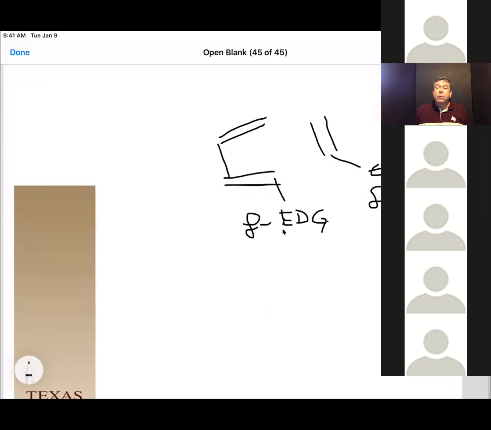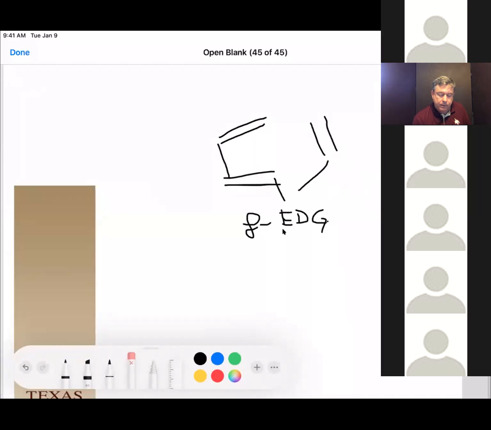So what we'll start to see is the partially positive side of one compound associating with the electronegative side of the other compound. And so this electron withdrawing group is going to shift closer to the electron donating group when it's starting to get close.